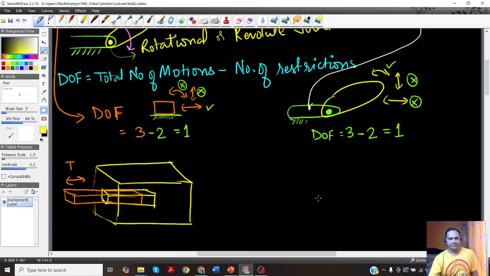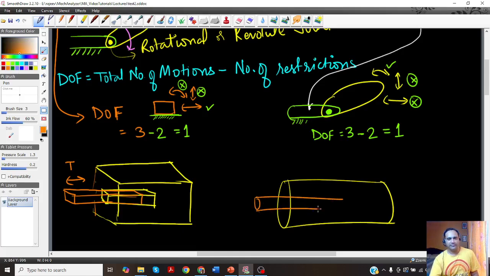Okay, let me try a cylinder. So there is a cylinder and there is another cylinder inside this. It goes in this manner. So what happens right now is there's a circular hole here. So one cylinder inside another cylinder.